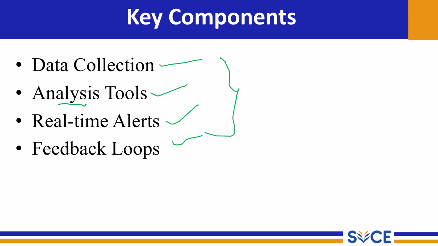Real-time alerts implement an alert system that notifies stakeholders of potential issues as they arise, allowing immediate action. And the feedback loop establishes a mechanism for continuous improvement based on insights gained from the monitoring activities.